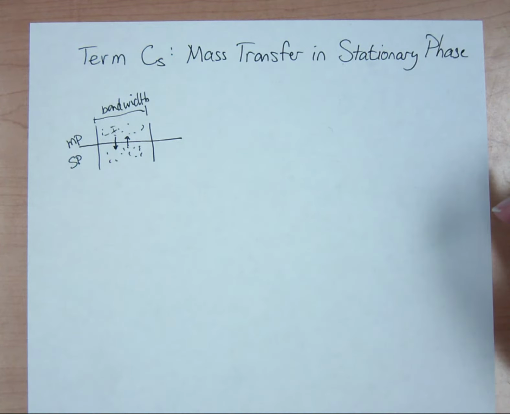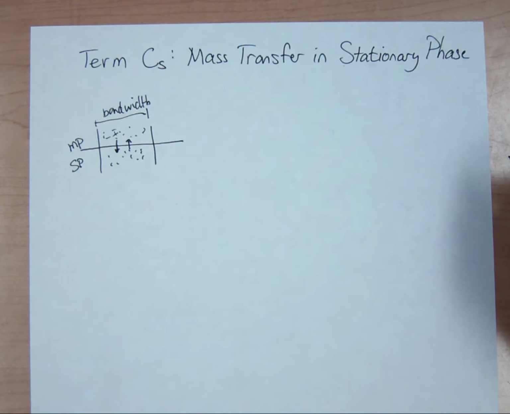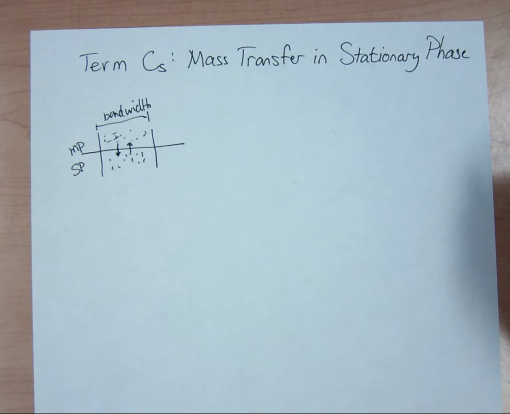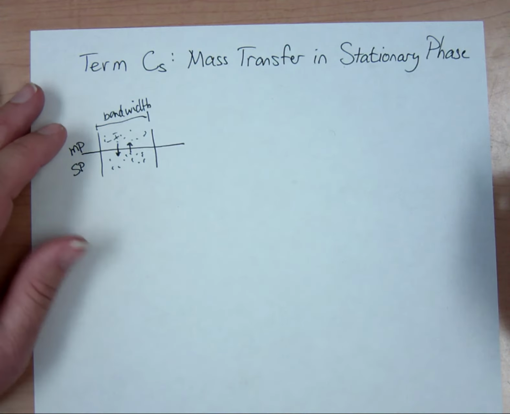And we've talked about how we can consider the affinity for each using a K constant to describe the affinity in that equilibrium.